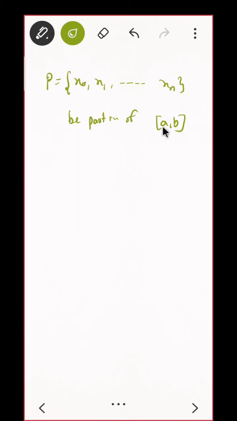So this is my P. Let me define P1 as P union C. I took one point C, and where will I take this point C? C is lying in the interval xi to xi plus 1. In this interval I took one point C, perfect. So what will my P1 be? It will be x0, x1 up to xi, and xi plus 1 will be there. In between there will be one more point C. Is it clear to you everyone?